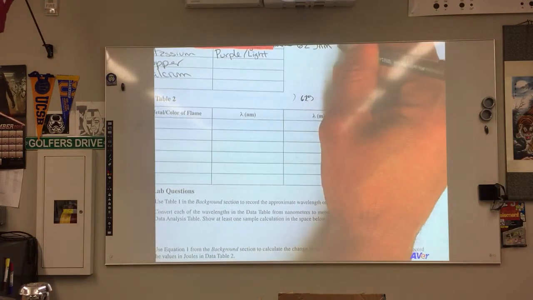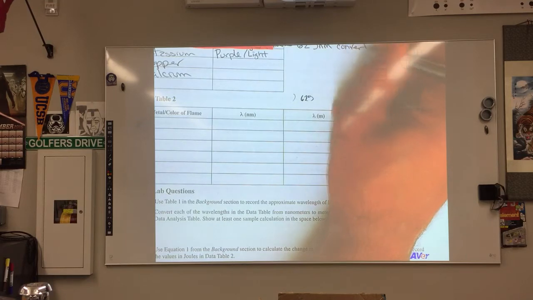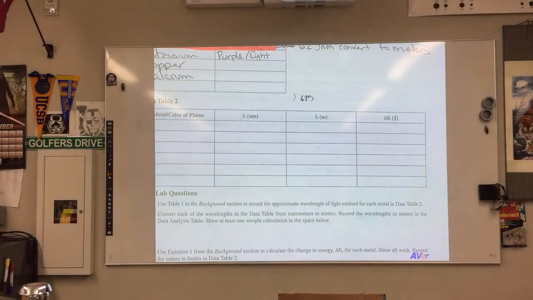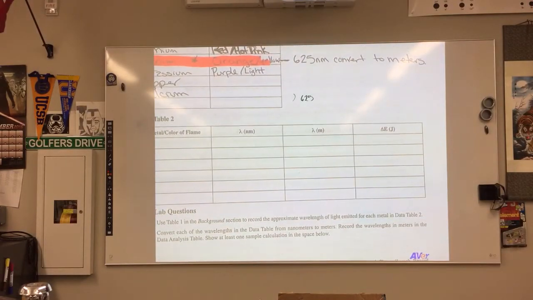We have to convert to meters. In order to convert nanometers into meters, we are going to need a conversion factor.